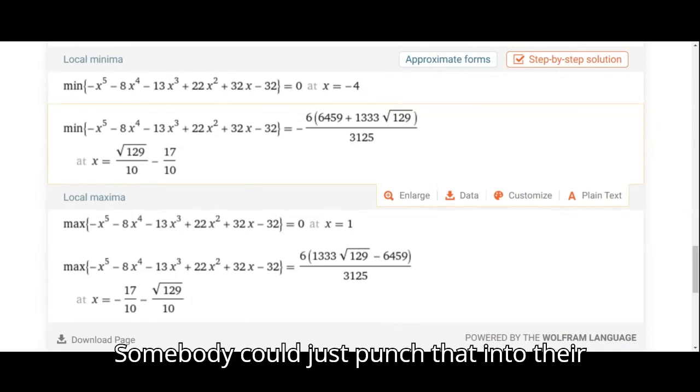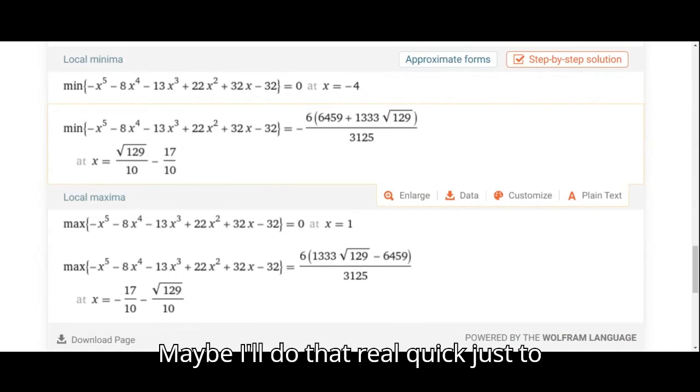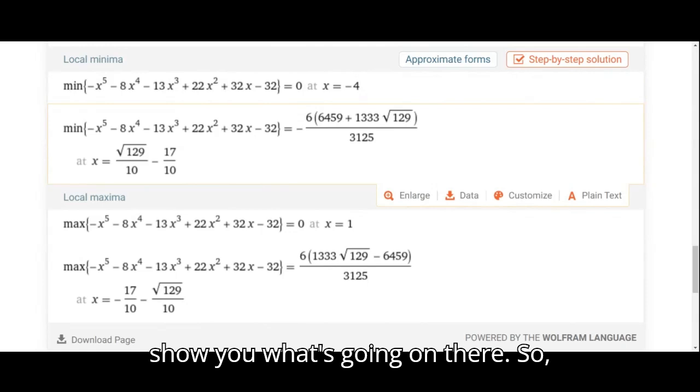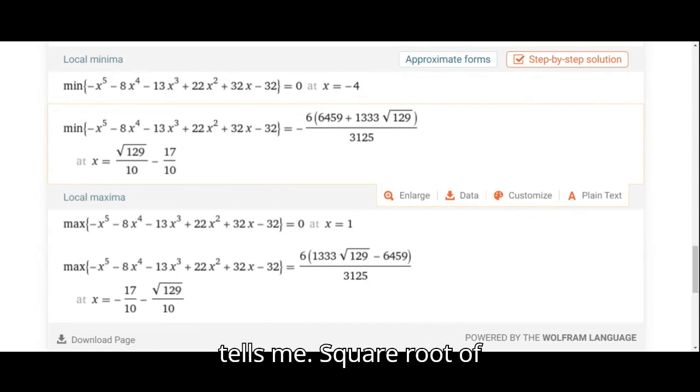Somebody could just punch that into their handy dandy calculator, but maybe I'll just do that real quick just to show you what's going on there. So what did they say? Let me try to do this and I'll tell y'all what it tells me.